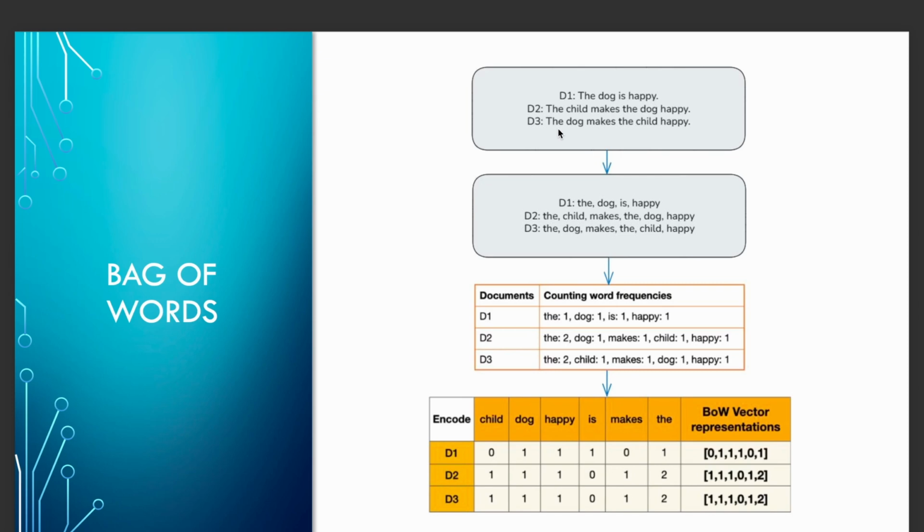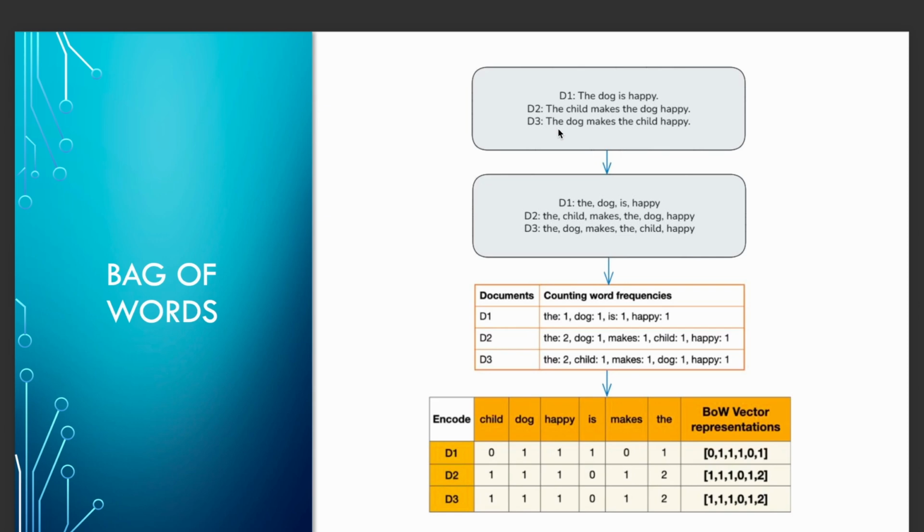Each of the data points is called a document, and a collection of documents, or collection of reviews here, is called a corpus. So we have two terms, document and corpus. Corpus is the whole collection of the data points, and each of the data points is called a document in NLP.